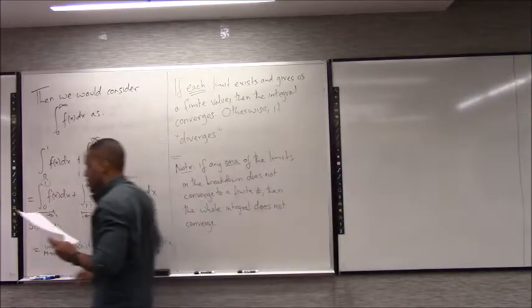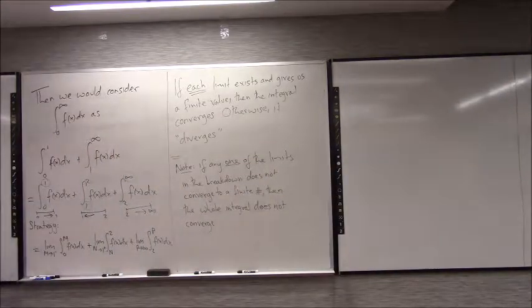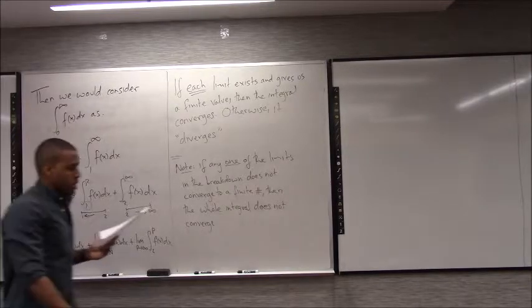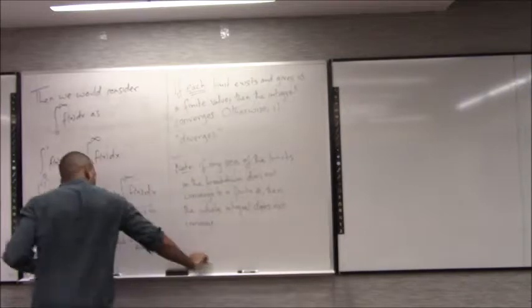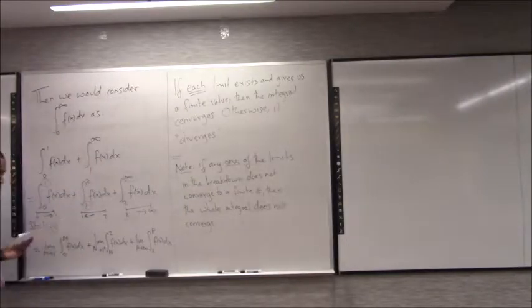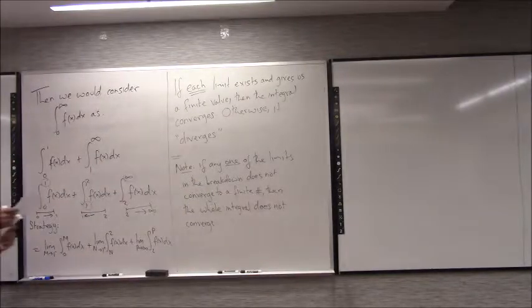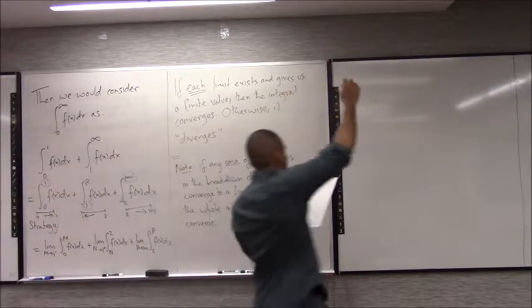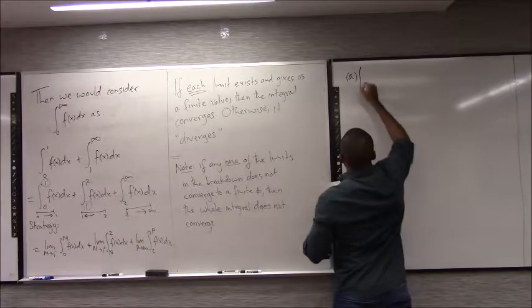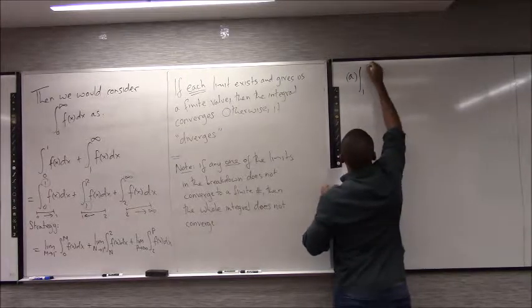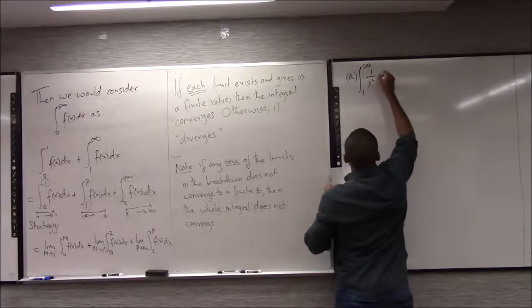We're going to use the same integral, but we're going to do several different limit setups so that you can see the difference in approach that these will take. So A, we're going to do from 1 to infinity of 1 over x squared.